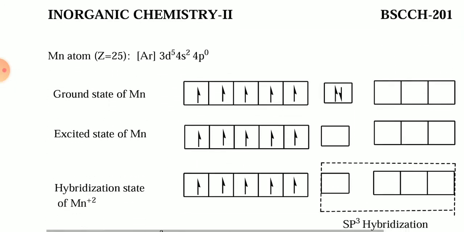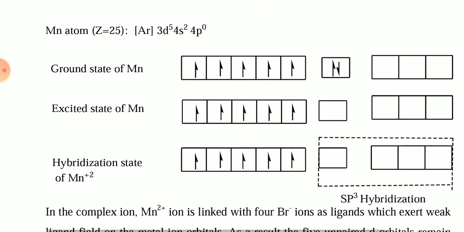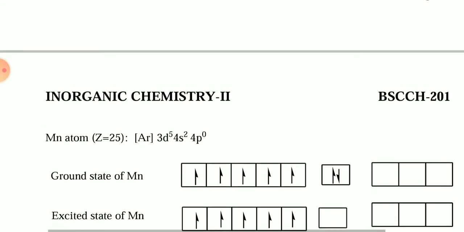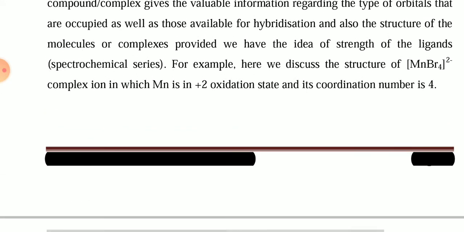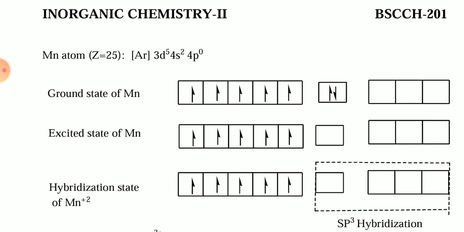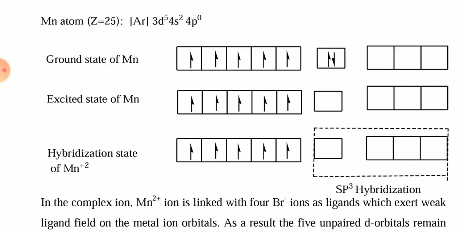Okay, so here you can see how you find the hybridization of a complex present in the first transition series. We have taken the example of MnBr4 2-. This is the complex, and here we are finding the hybridization for this molecule.